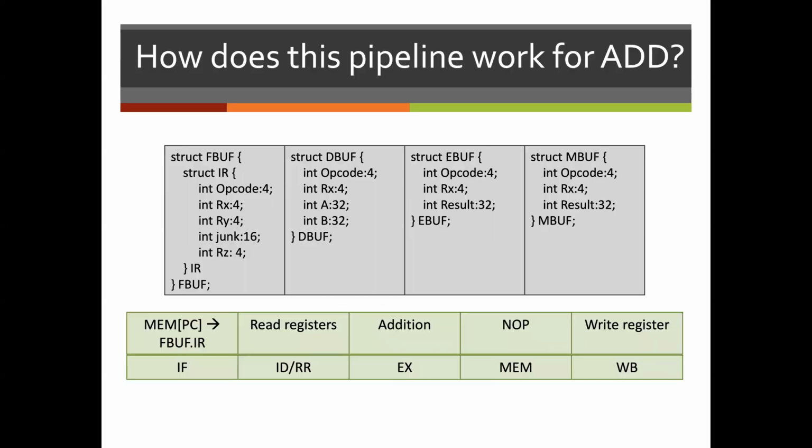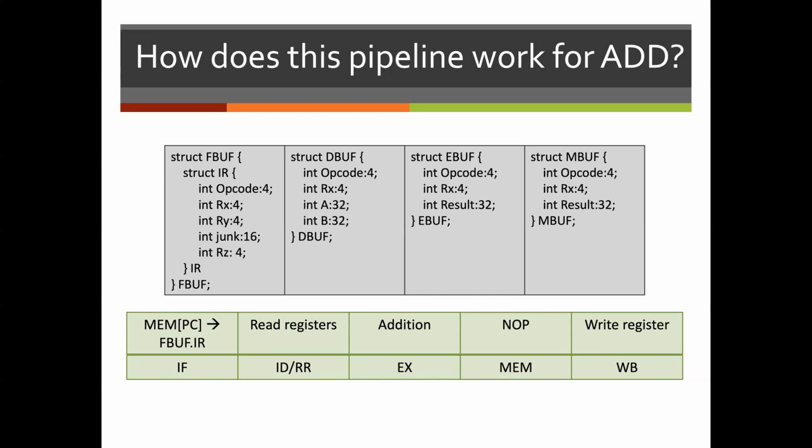Well, we need to make sure that we're able to represent each component that we need at each stage, and how that is going to be represented in each buffer. And so we're going to make use of a structure to represent each component that is needed.